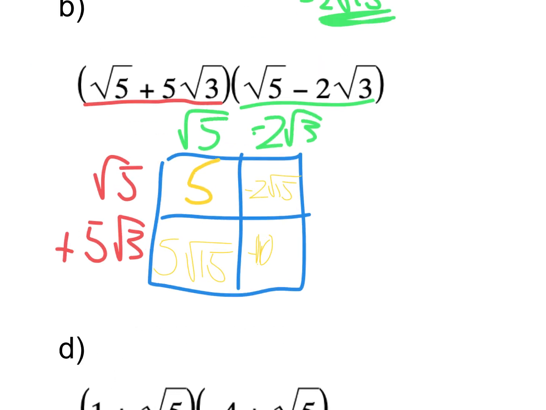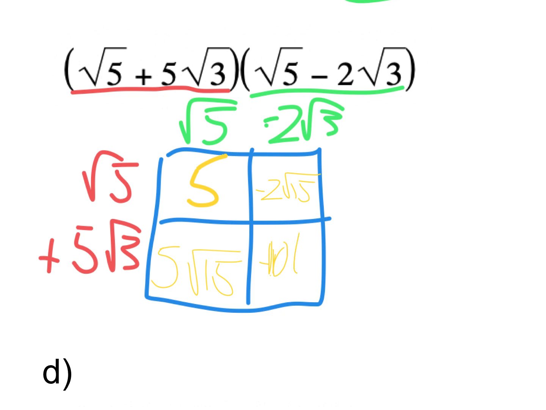So this would actually be negative 10 times 3, which is going to equal negative 30. So I got the negative 30 because we have 5 times negative 2, which was negative 10. But when the square roots of 3 get multiplied, the square root is eliminated and it is just a 3. So we're left with negative 10 times 3. So that's how we got negative 30.